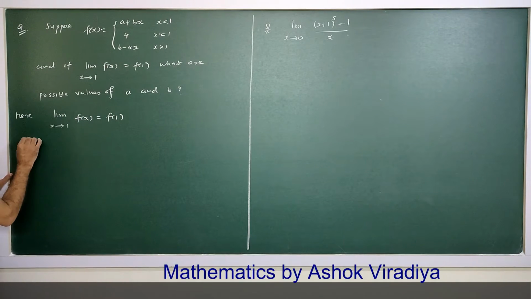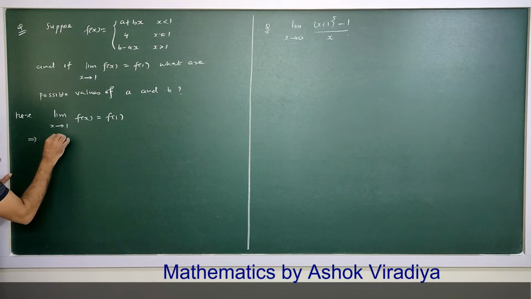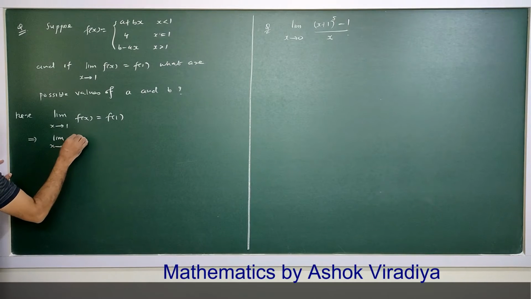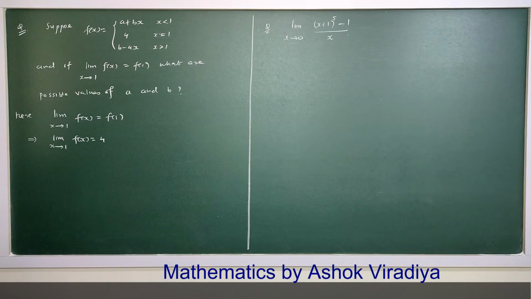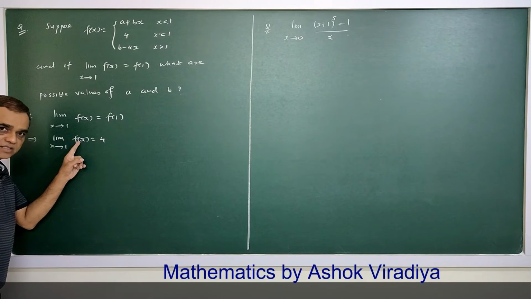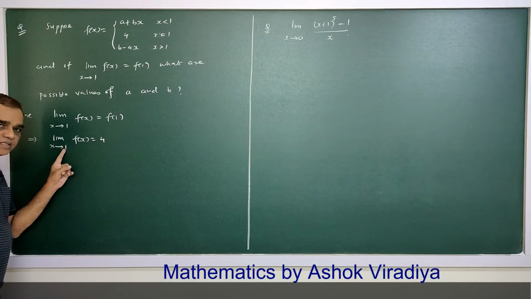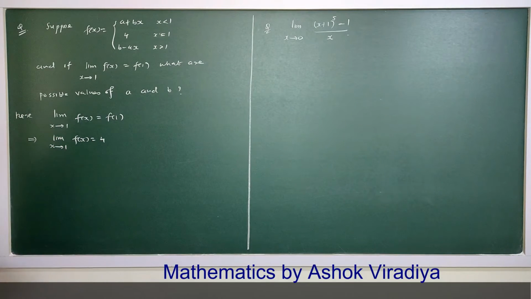So limit of f(x) is 4. That means limit of this function exists at x equal to 1 and it is 4.